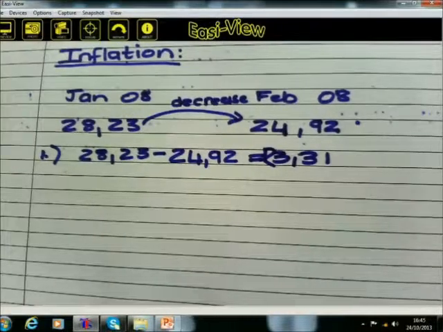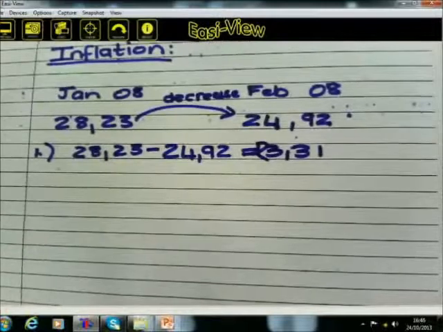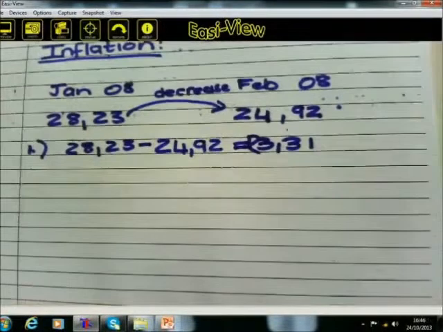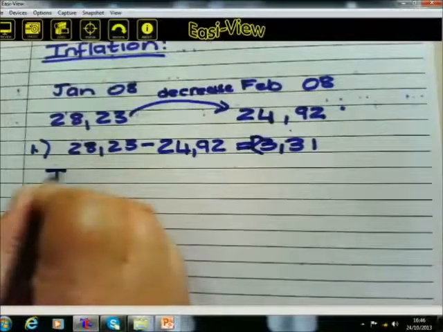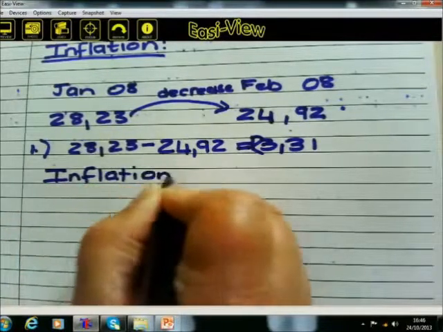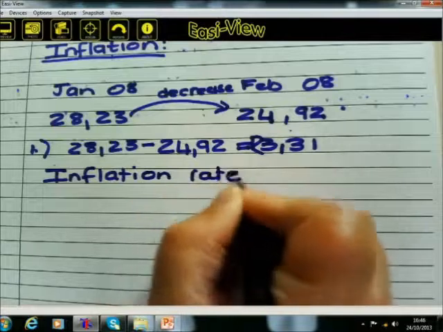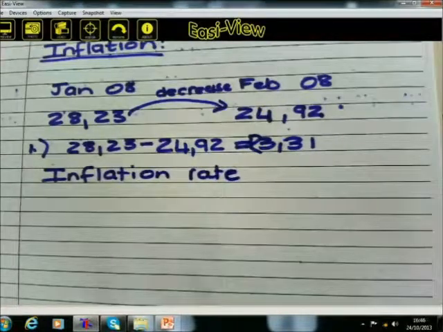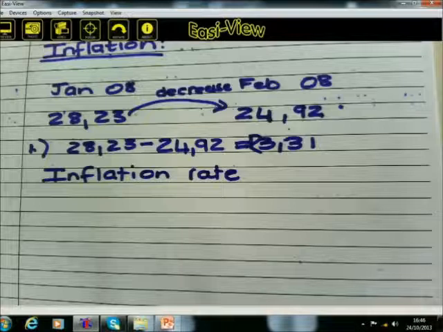But I said we must also be able to calculate the inflation rate, and I want to show you how I calculate it. What is the first thing that I have to write down? Of course, my formula. So I start with my formula.